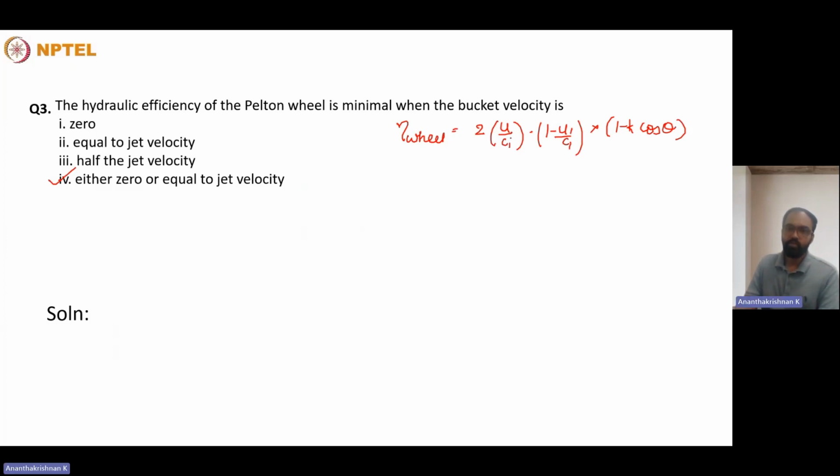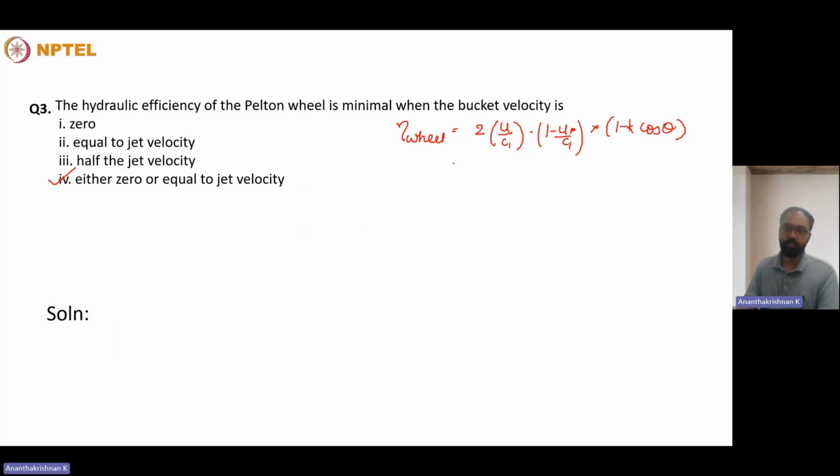Here U corresponds to the blade velocity at the pitch diameter, and C1 corresponds to the absolute velocity of the liquid at the inlet.